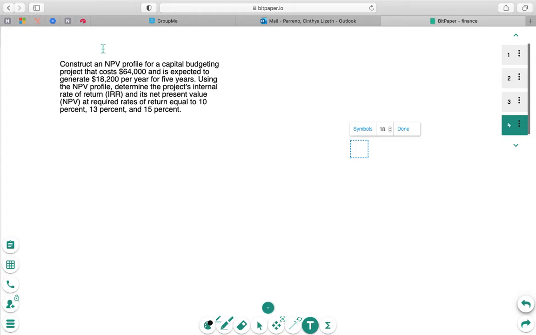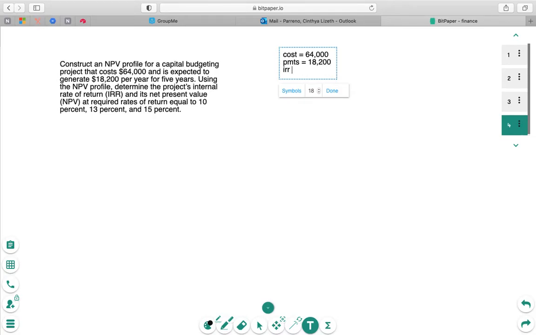We're asked to make an NPV profile and find the IRR. So I'm going to write down all the information that we have. The cost is 64,000, and we're having payments of 18,200.